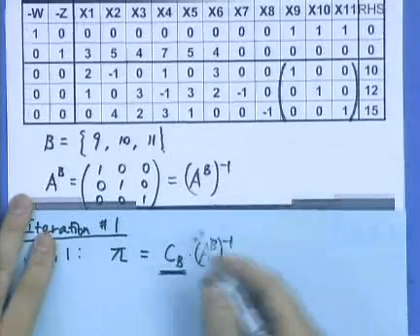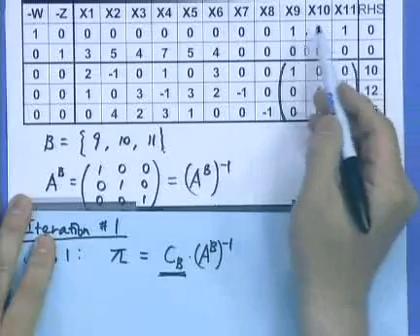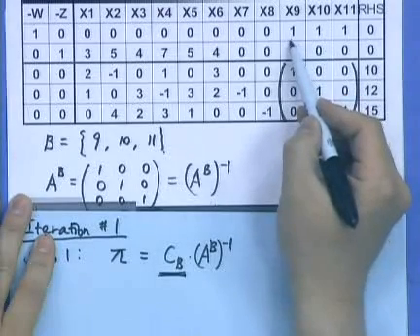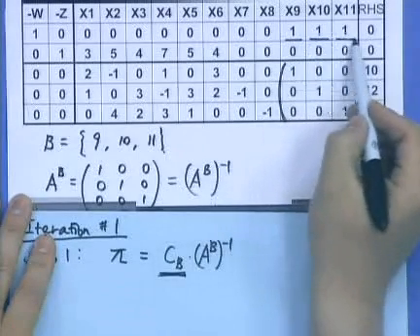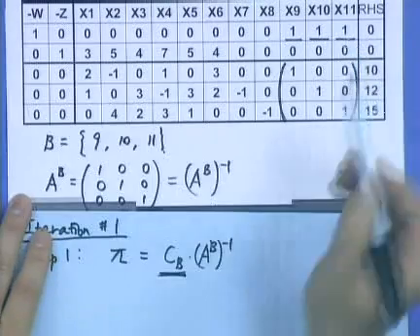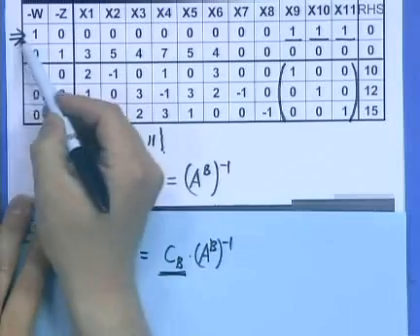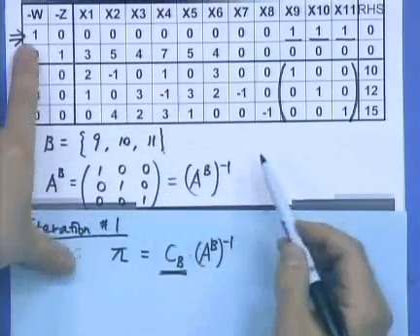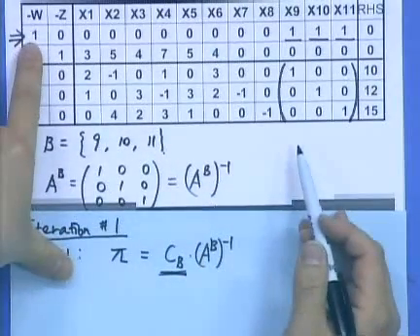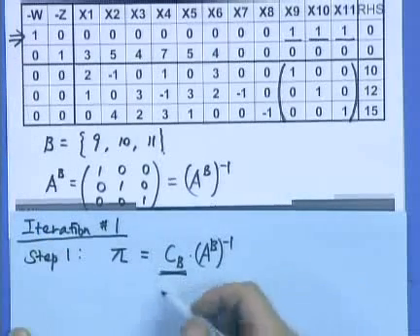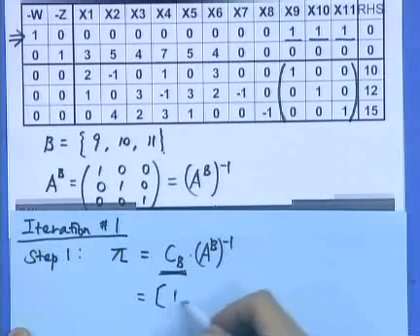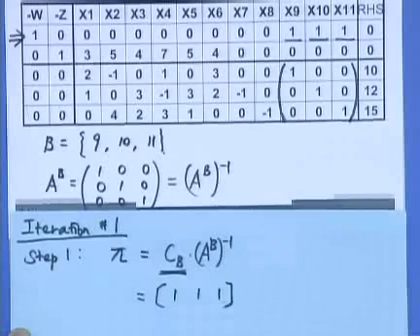So what is that? Should be 1, 1, 1, right? You remember? Because we are dealing with phase 1, our objective function row would be this first row, right? So CB is 1, 1, 1. Okay?